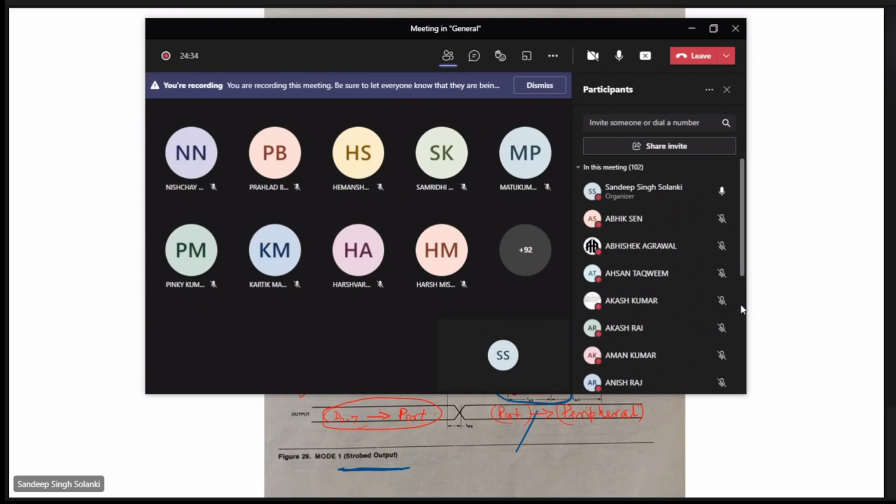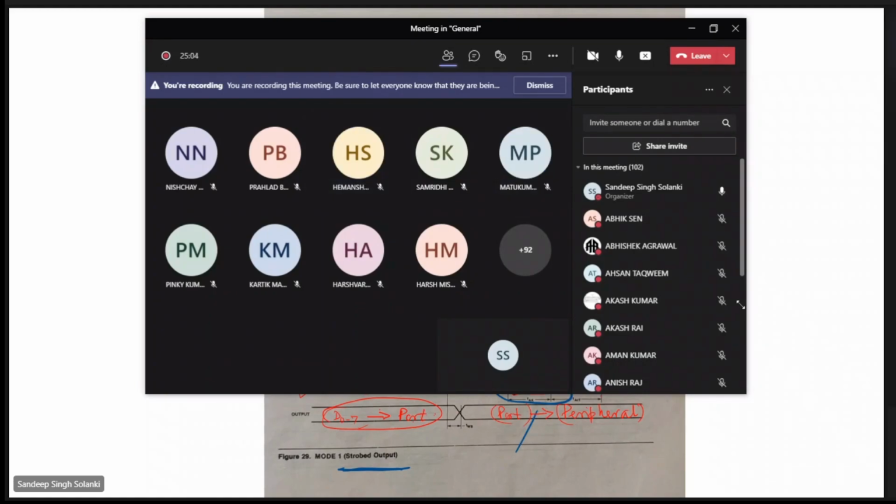Now the question is, when will the peripheral generate it? When will the peripheral generate the acknowledge? Tell me. When the peripheral successfully receives data from 8255.